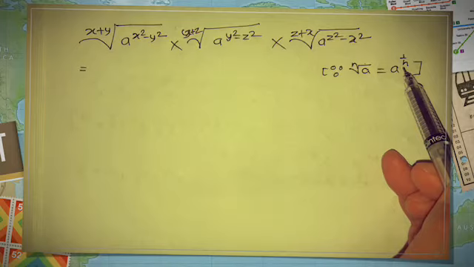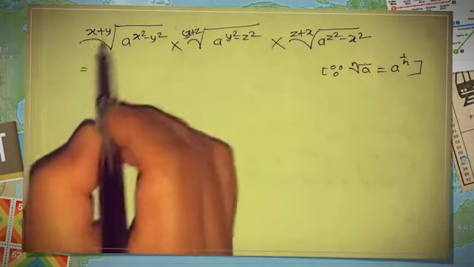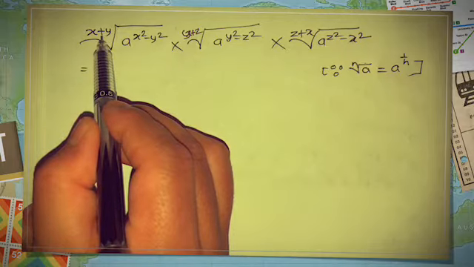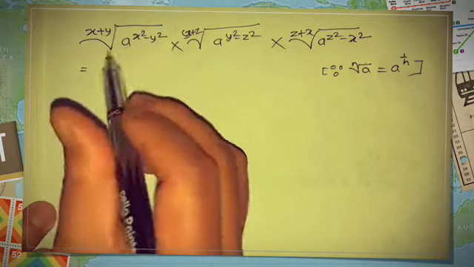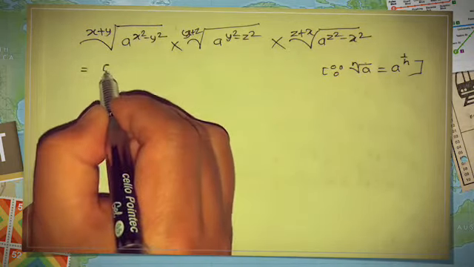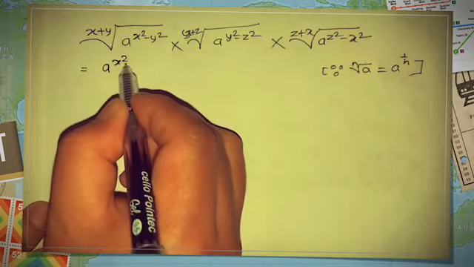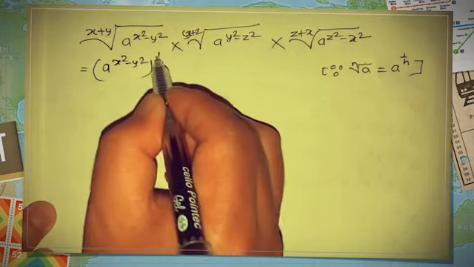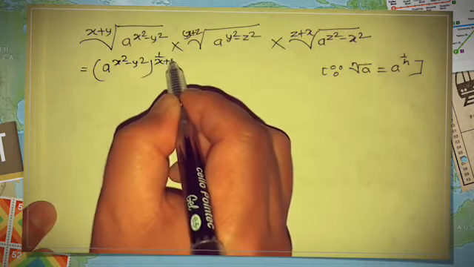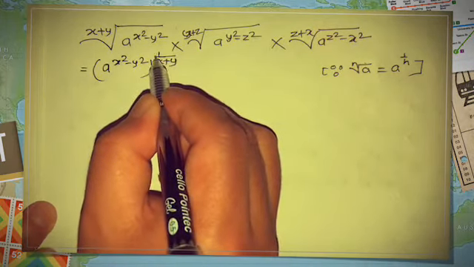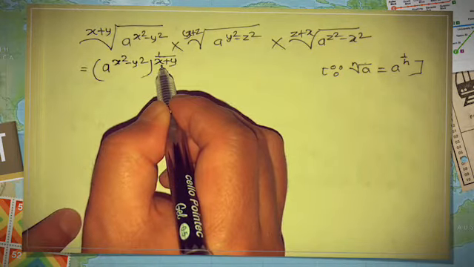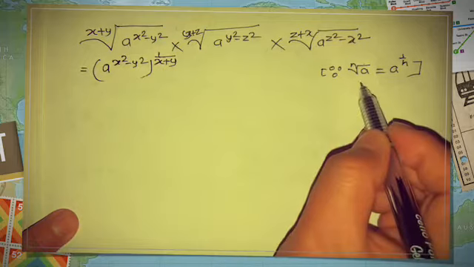Here you see the order of this root is x plus y, and this is the base, so this order we can write as 1 by x plus y, using this law.